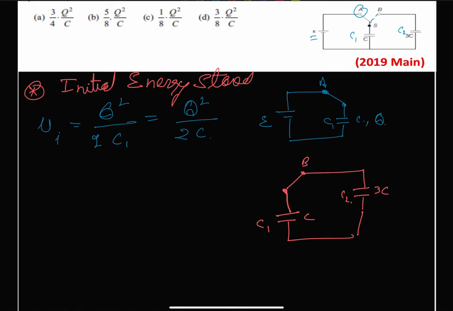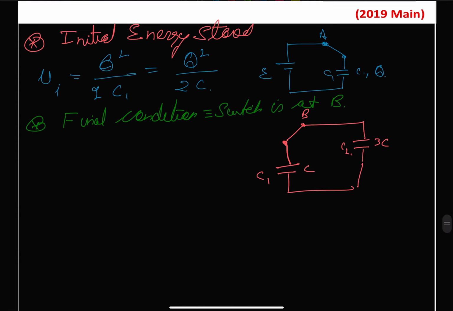So in the final condition, the switch is at B, and initially C2 is uncharged, and the charge on our C1 was Q. So this Q will be redistributed among C1 and C2.